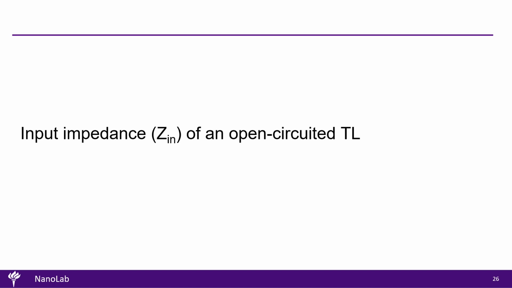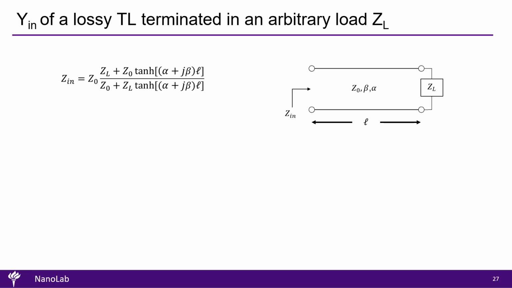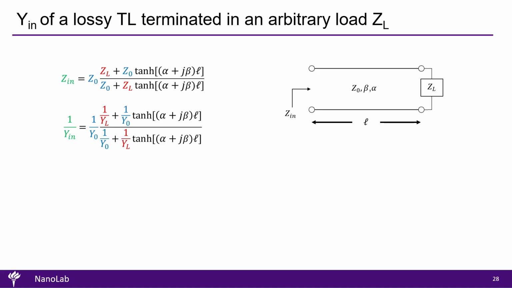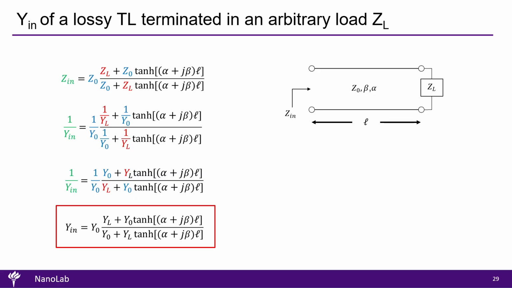To analyze this case, we start by deriving the expression for the input impedance of a transmission line terminated in an open circuit. We return to the generic expression for Zin of a lossy transmission line terminated in a load. This time, however, we make a twist. We replace the impedances with their corresponding admittances to obtain the expression for the input admittance, shown in the red rectangle.